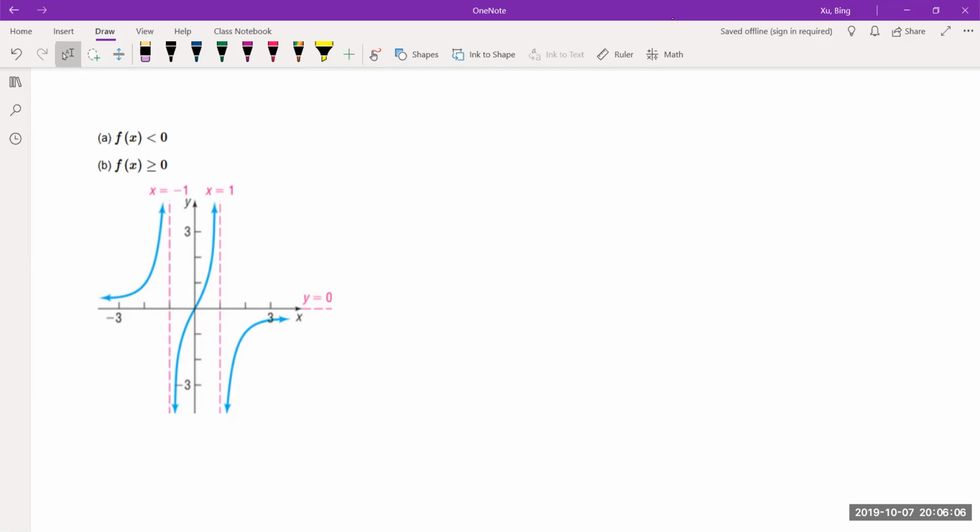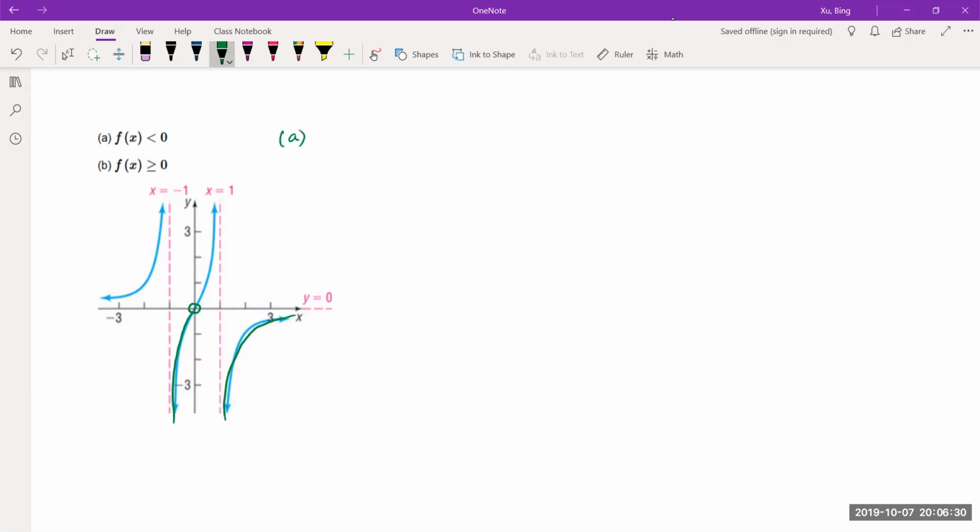You can mark it on your graph. When will f of x be less than 0? First of all, your solution shouldn't include that x-intercept, because that x-intercept makes f of x equal to 0. It's this part and this part.